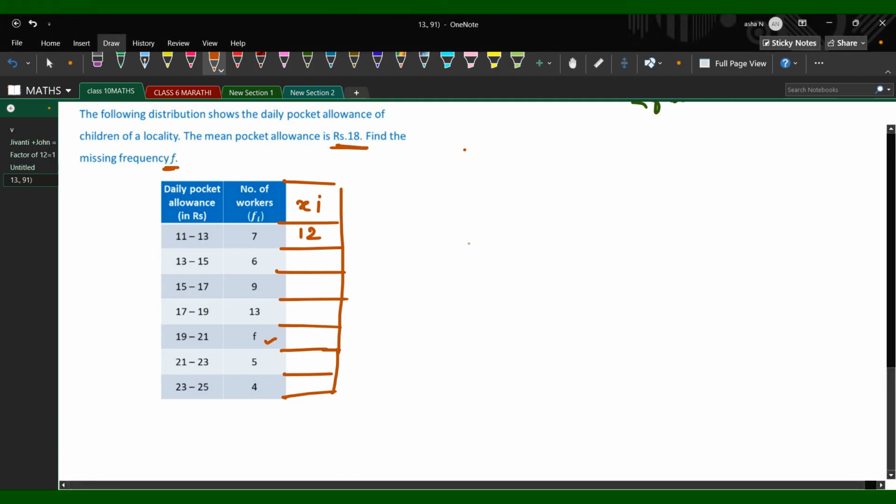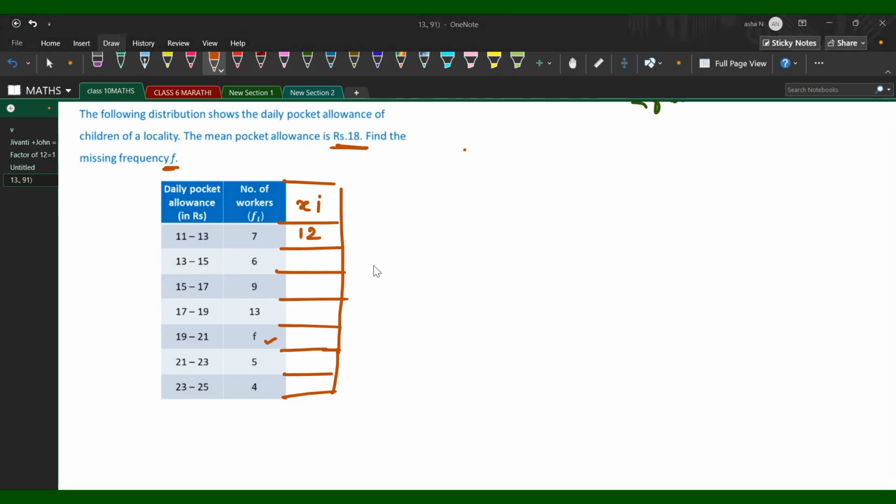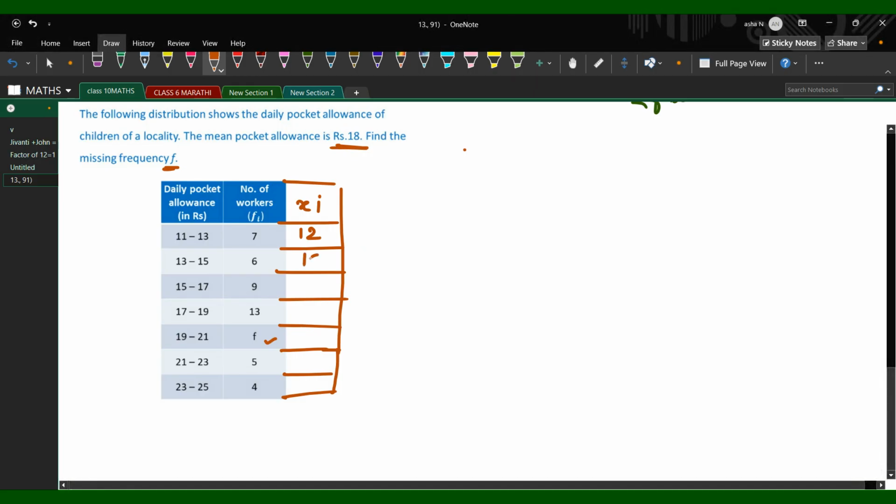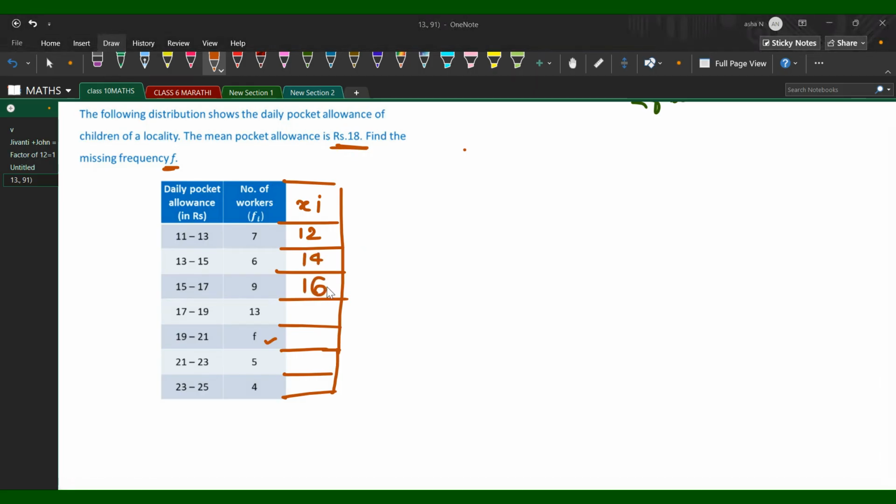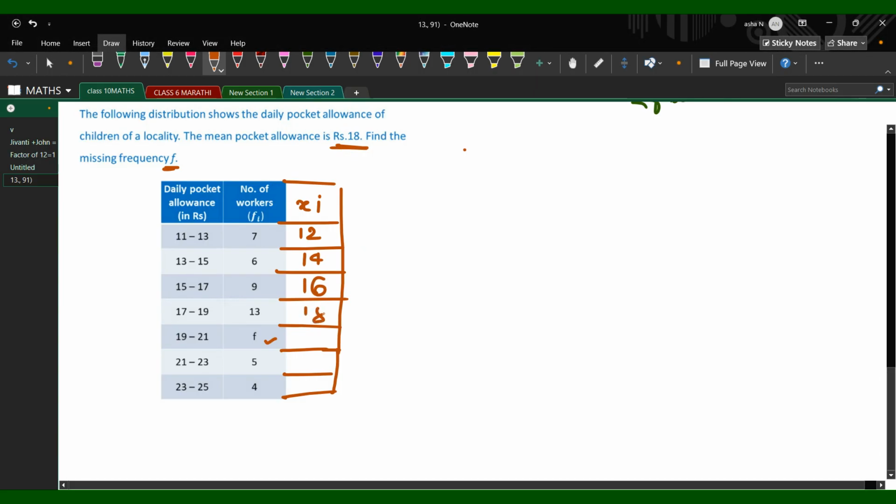Now 13 plus 15 is 28. 28 divided by 2 is 14. Then I'm sure it will be 16, then 18, then it will increase again by 2. Then 22 and then 24. Clear what we did here?